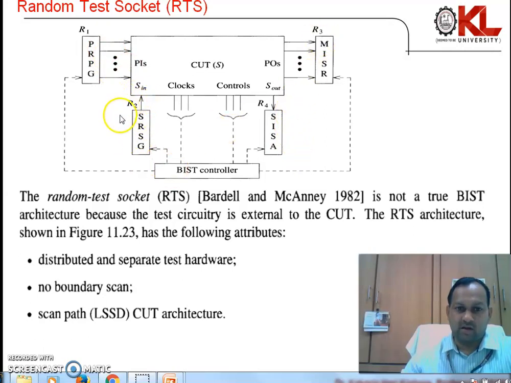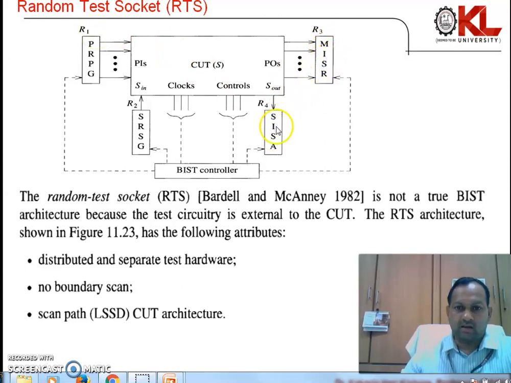You can observe the operation of the R2 register. The R2 register loads in parallel and sends to the RN register and S out to the R4 register. After completion of loading the R2 register, in the next clock cycle it generates the R1 register and performs the operation of R3 and R4, as you can observe.